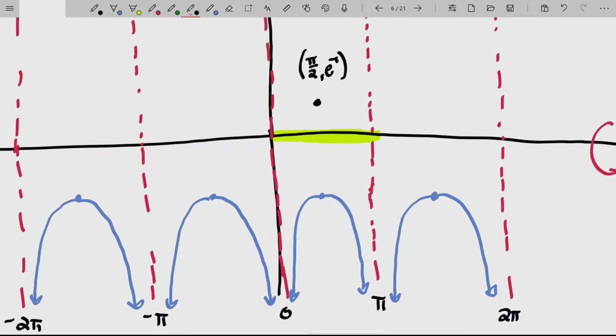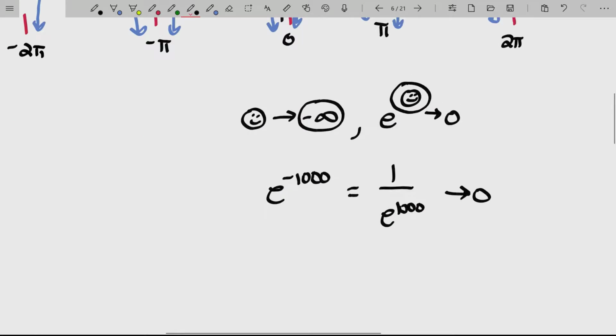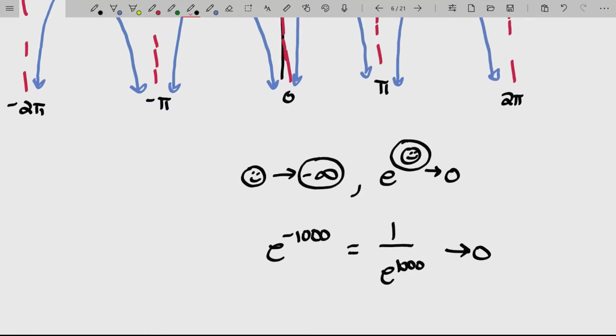And then at the edges of this interval, as x gets super close to 0, the blue ink goes to negative infinity. And as the blue ink goes to negative infinity, e to that blue ink goes to 0.